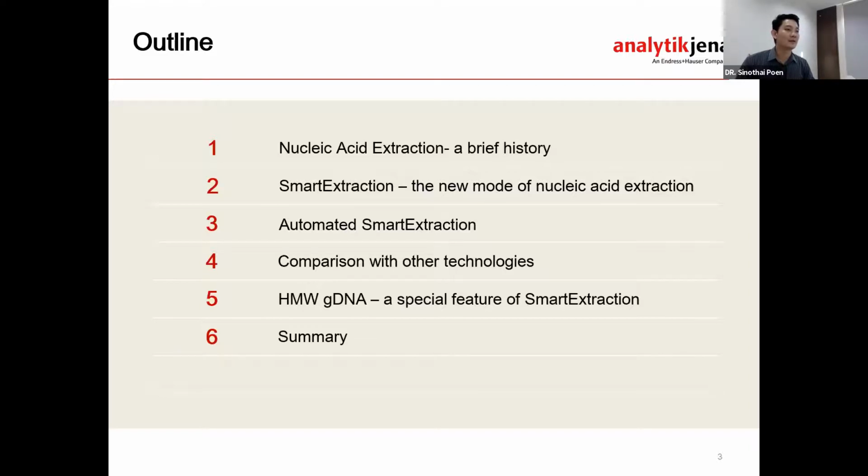Then I want to give you some examples of using SmartExtraction for automated nucleic acid extraction. And then I want to compare SmartExtraction with other extraction technologies. Later, I want to highlight a special feature of SmartExtraction, which is extraction of high molecular weight genomic DNA. Finally, I would like to wrap everything up and provide you a summary.